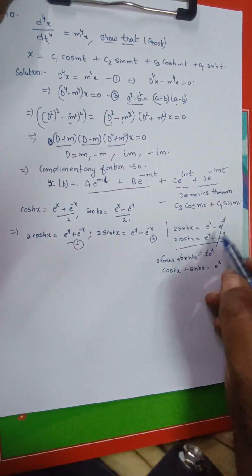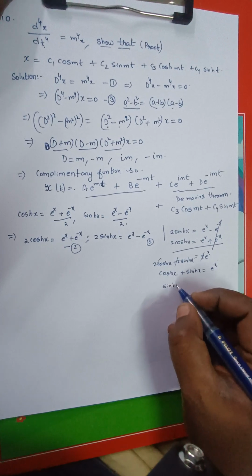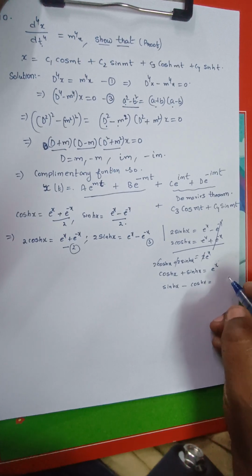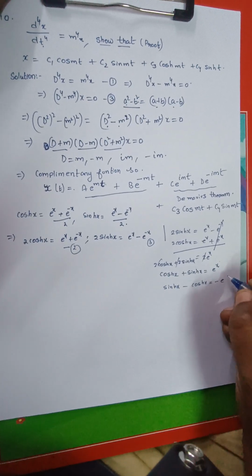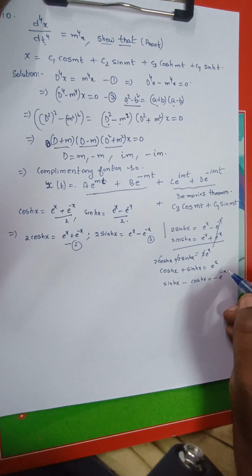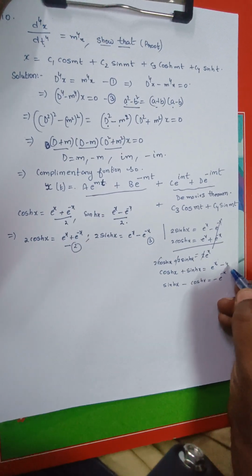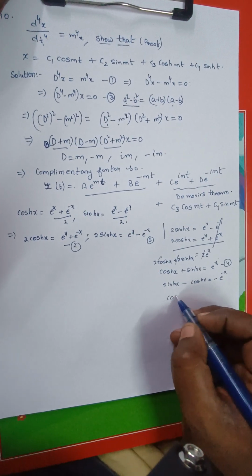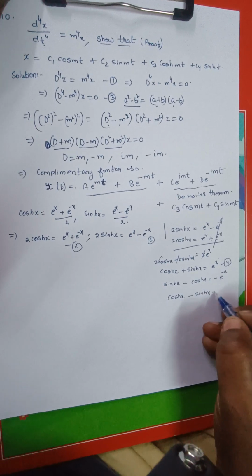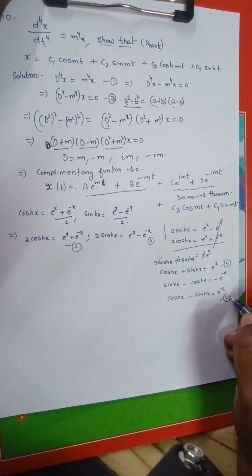Similarly, if you subtract these two, we end up with sinh x − cosh x = −e^(−x). Let's call it 4. And by this subtraction we get cosh x − sinh x = e^(−x). This is equation 5.